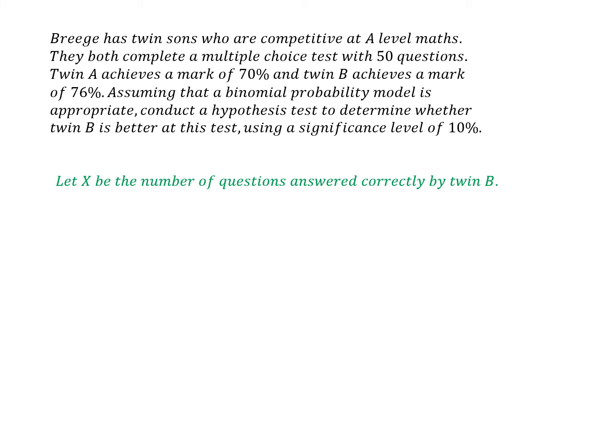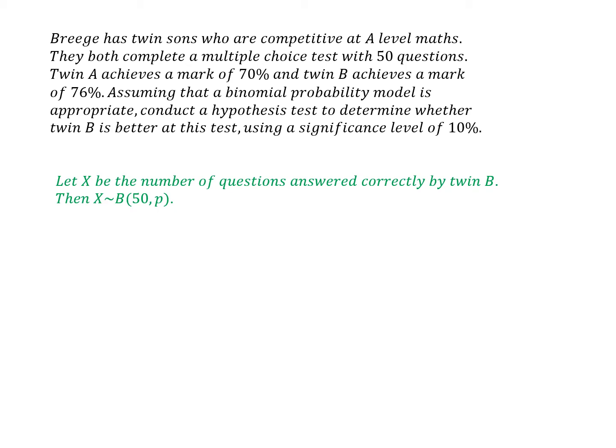So then what is the probability distribution of x? Well, we're told to assume a binomial distribution, and there are 50 questions, and so the probability distribution of x is binomial 50, p, and it's the p that we're testing.